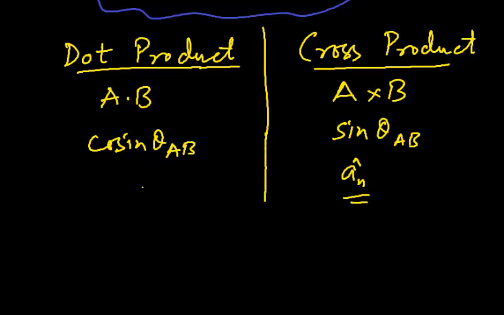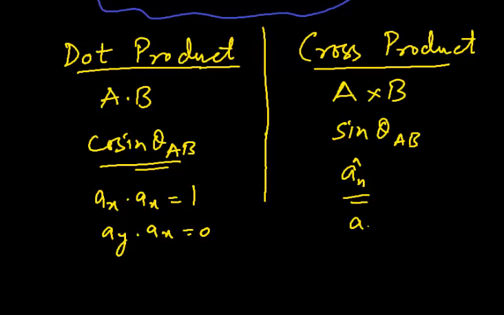And here we have a straightforward cosine with the unit vectors. The same unit vectors gave us 1, and the unlike unit vectors gave us 0. But here it was different.